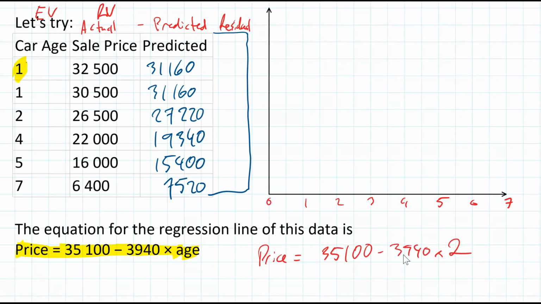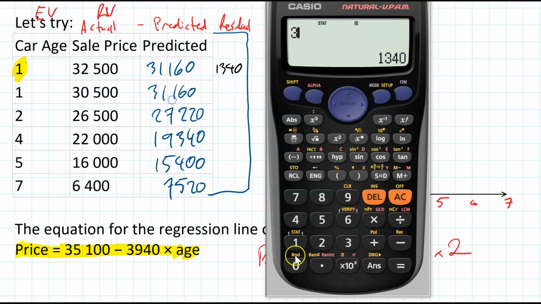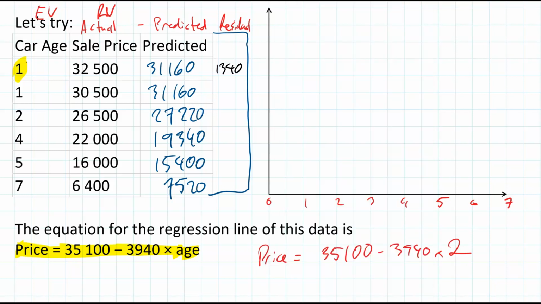1,340. Now I'm just going to go ahead and do the rest. So I'm going to go 30,500 take away. And if you have a look, this one's negative. That means the actual data is less than what the line predicts. So that's negative 660.